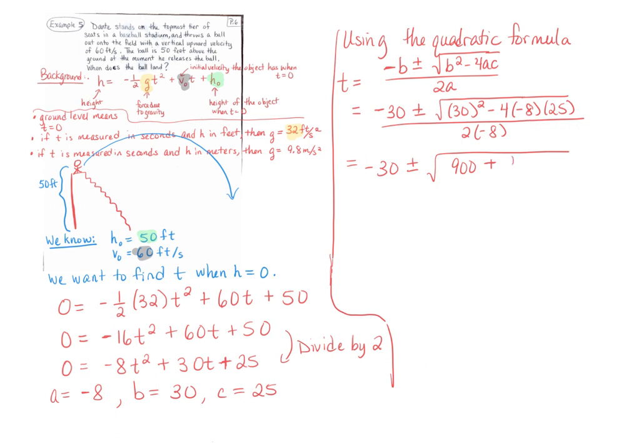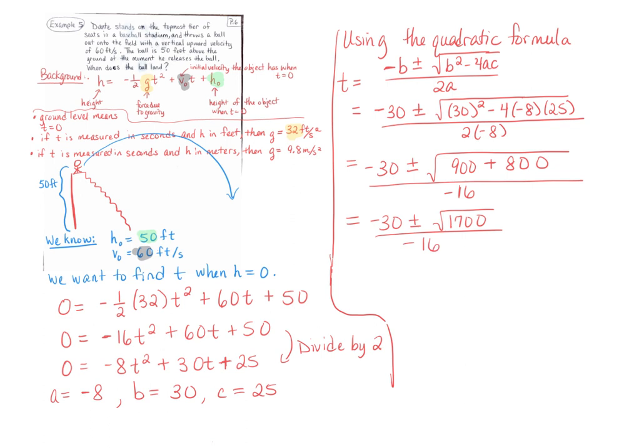So plus 800, all of this over -16. So this is now equal to -30 plus or minus the square root of 1700 all over -16.